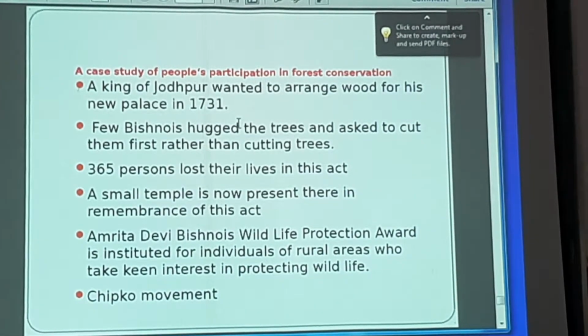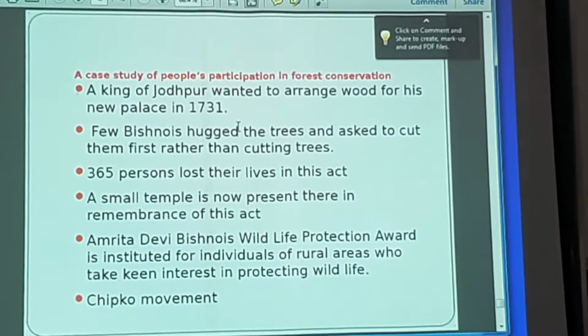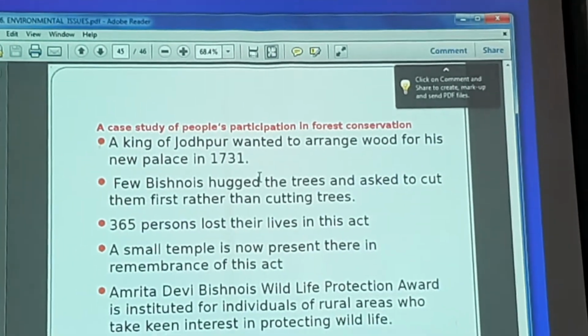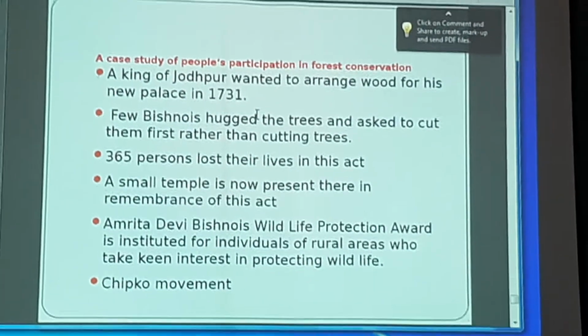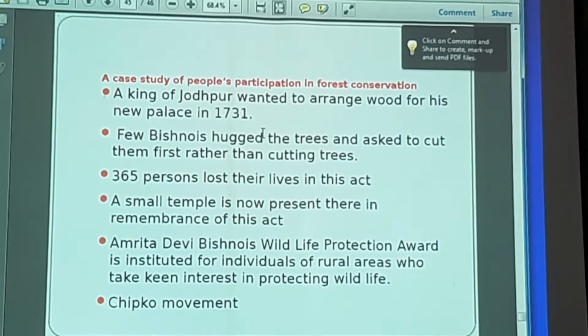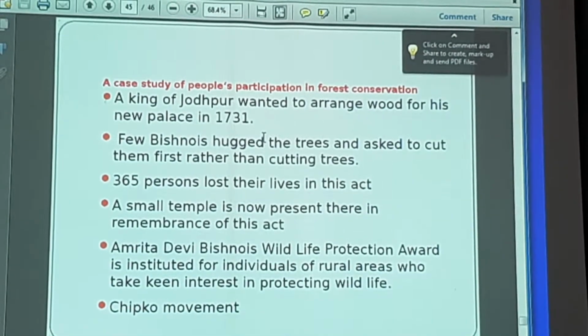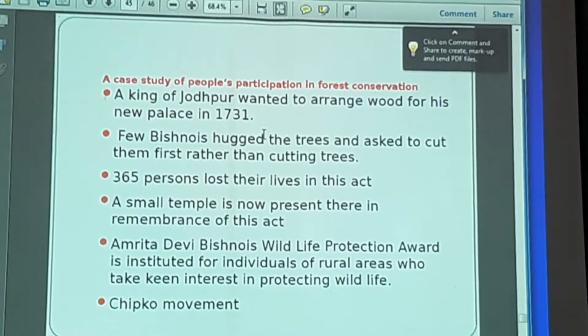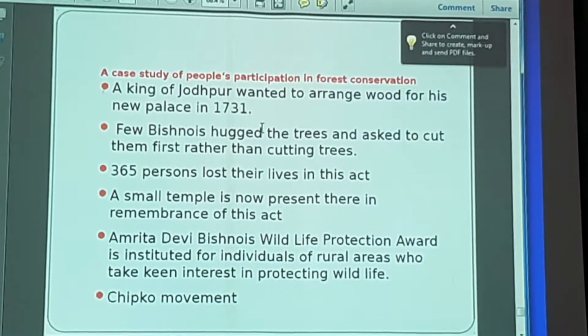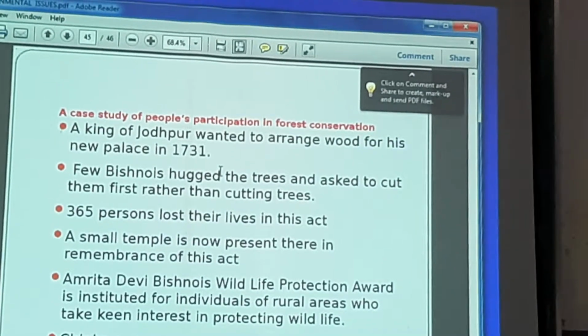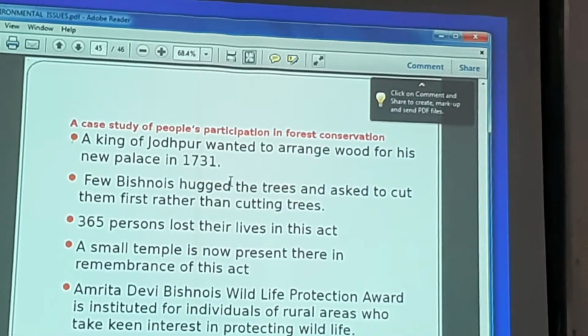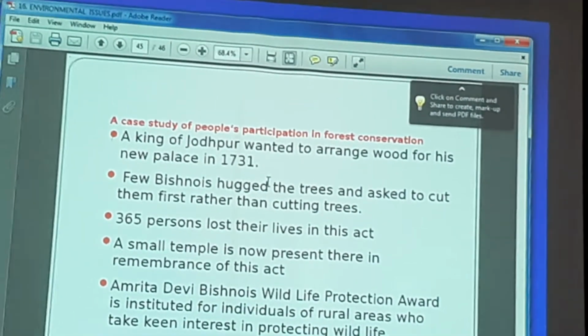The Bishnoi tribal community hugged the trees and asked the king's men to cut them first rather than cutting the trees. Sundarlal Bahuguna followed the same method to conserve some of the forest. Chipko movement, Appiko movement, all those are there.